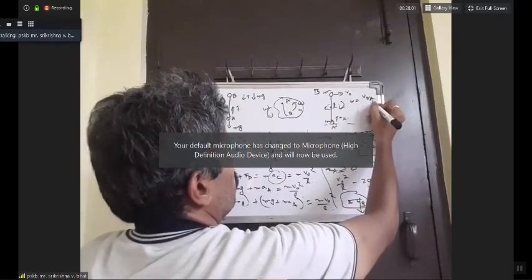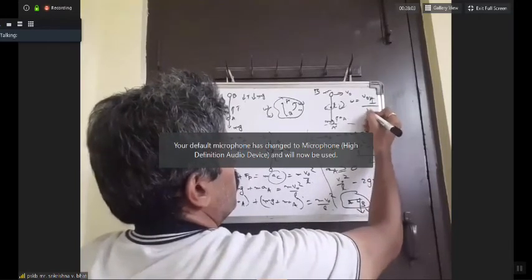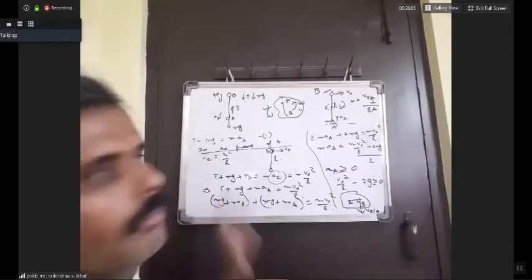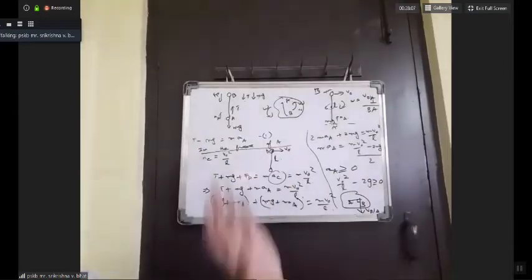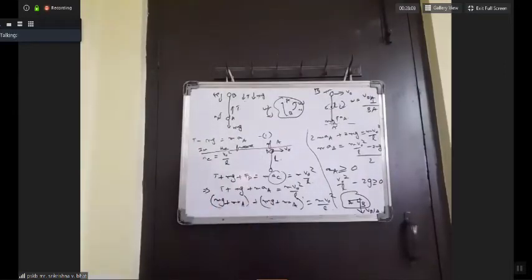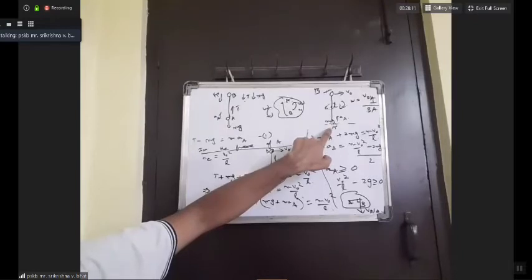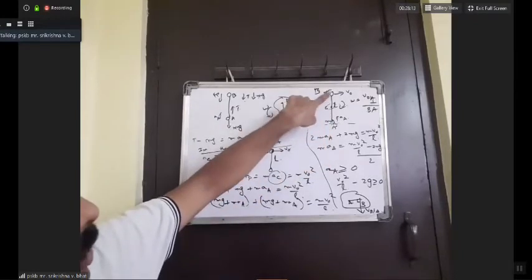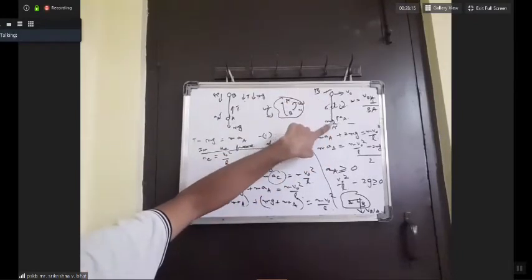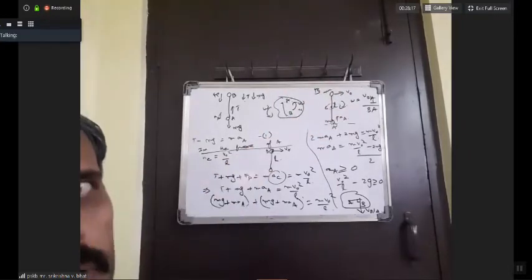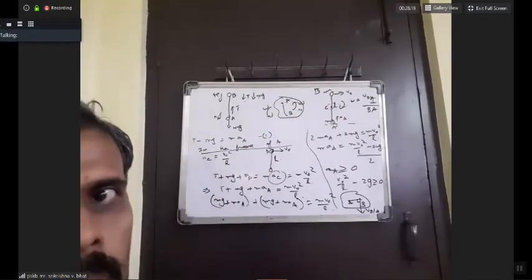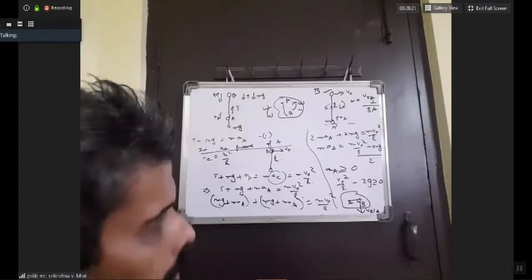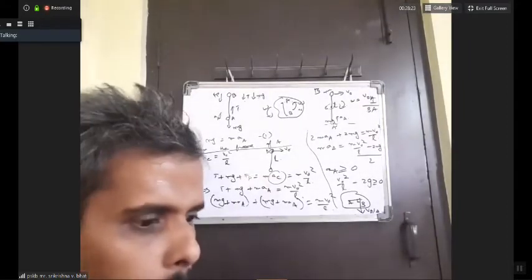That will give you V naught by l n in this case, because this point has zero velocity. So the angular velocity will be V naught by l n. Is it clear?